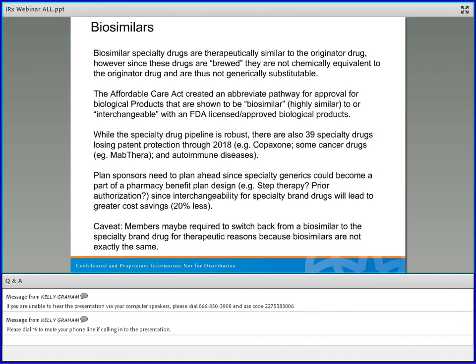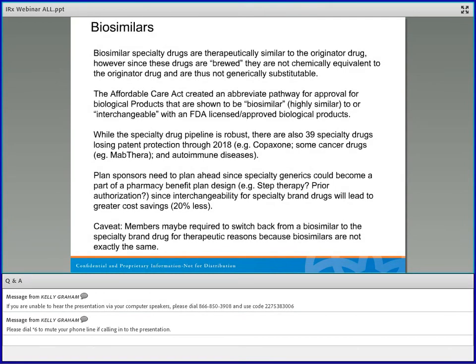There are a lot of biosimilars that have been used in Europe, and there will probably be more and more pressure on Congress and the FDA to have a speedier approval process for biosimilars that could be available on the U.S. market as a way of hopefully lowering costs some.